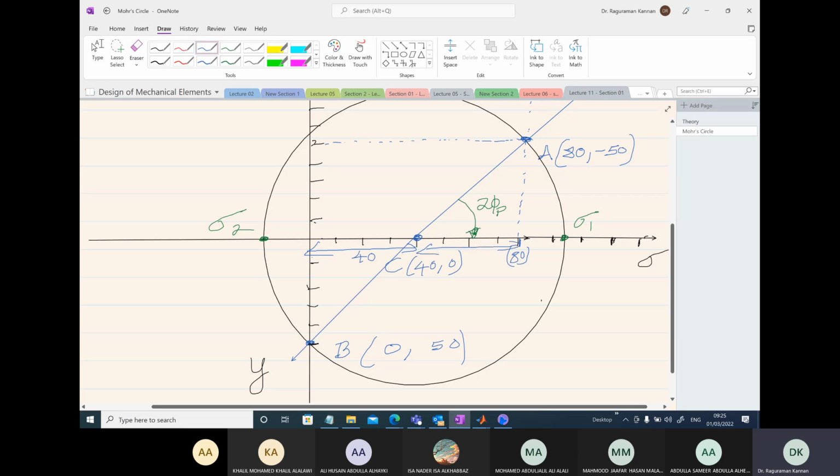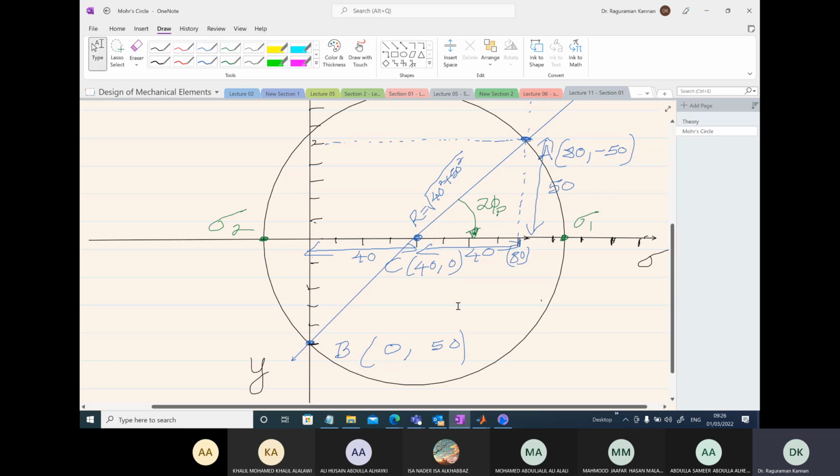It is also 40. 80 minus 40 also gives rise to 40. The vertical height here is 50. So what is the radius? The radius is clearly square root of 40 square plus 50 square.